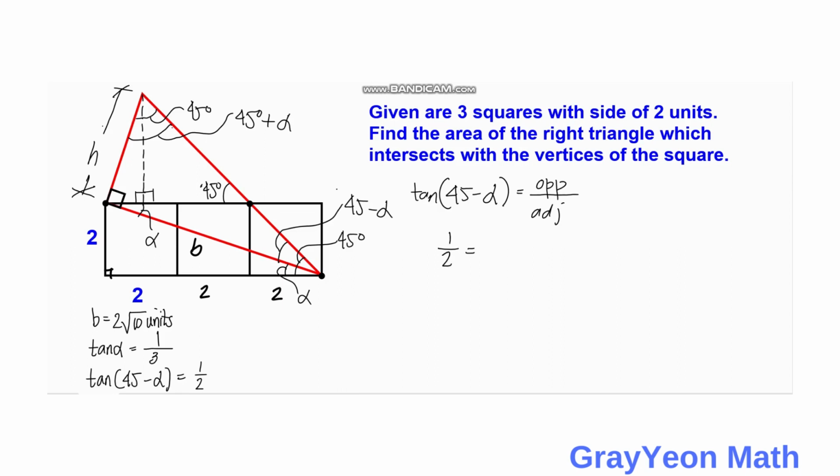And the opposite side, which is h, is what we are looking for. And the adjacent side is b, or the base of this right triangle, which is 2 square root of 10. So h is equal to 1/2 times 2 square root of 10. So we have h is equal to square root of 10 units.